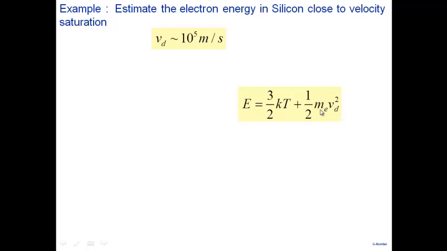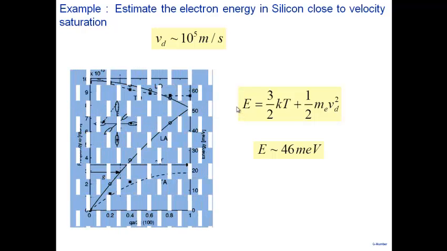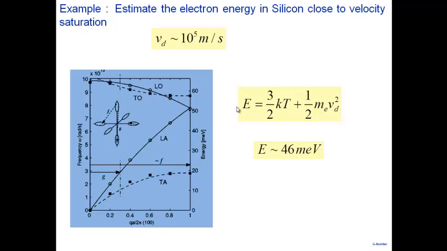The mass of an electron is 0.26 times m0, and Vd, we are saying, reaches its saturation value at 10 to the power 5 meter per second. So what is this energy? About 46 milli electron volt. All right, why did I make you calculate?